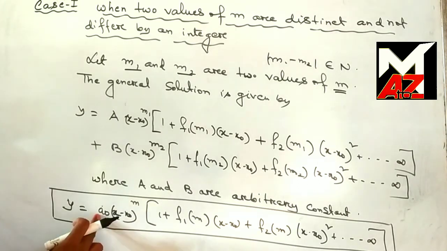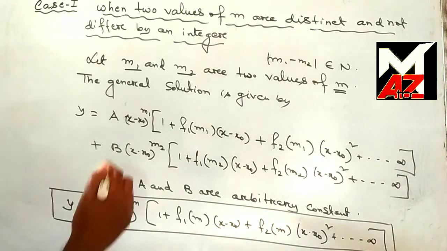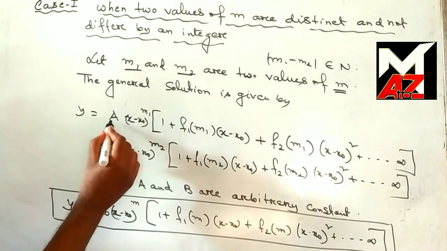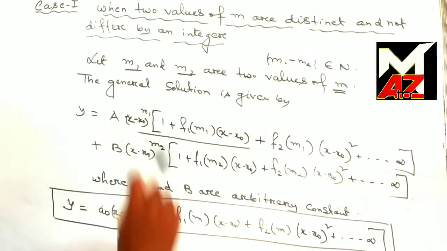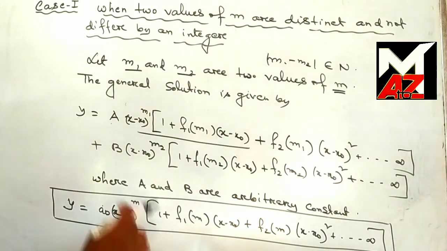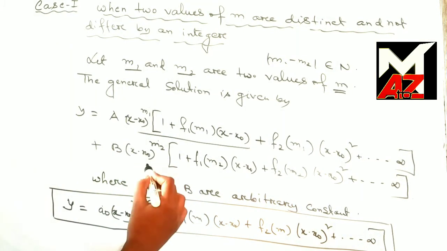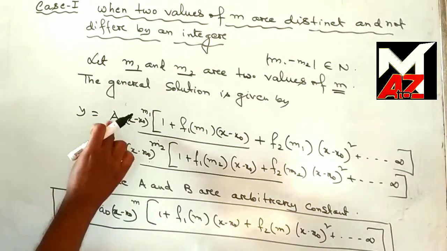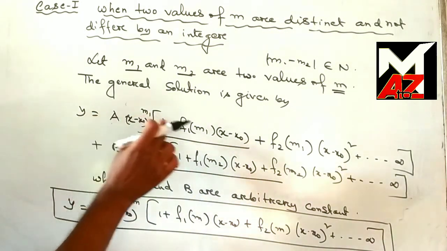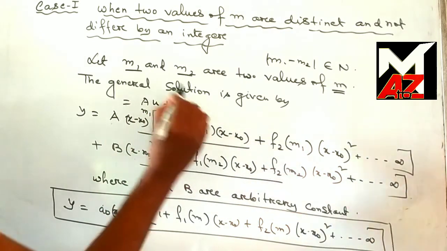Then we add these two independent solutions like this: y equal to a into u plus b into v.